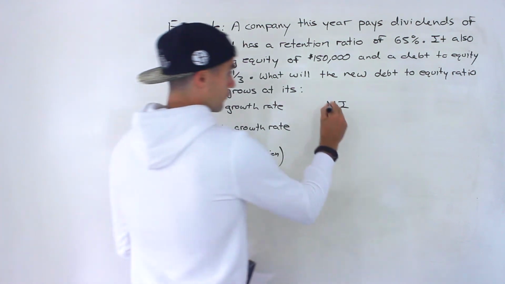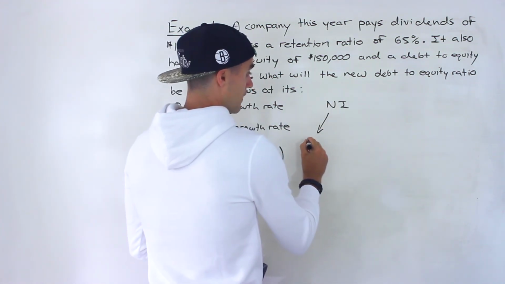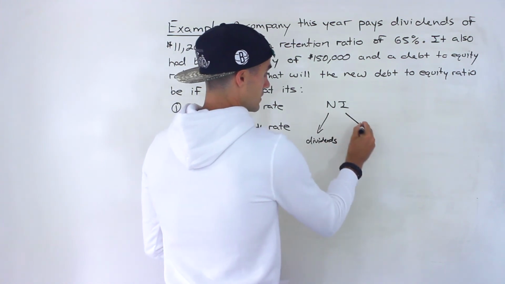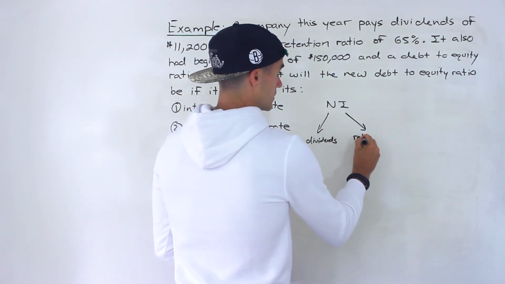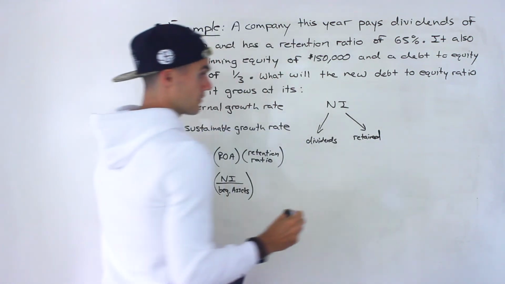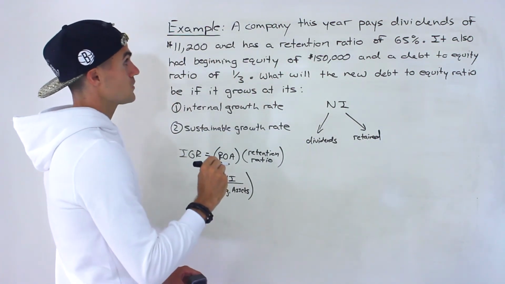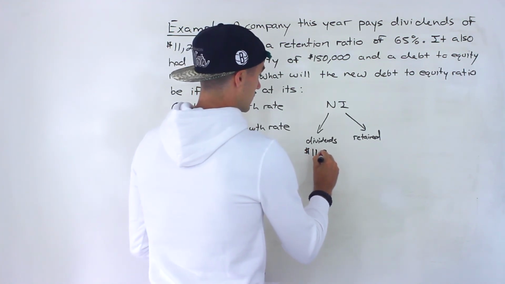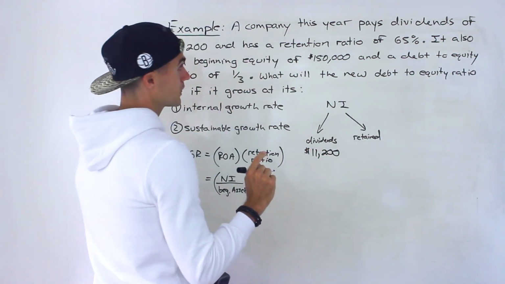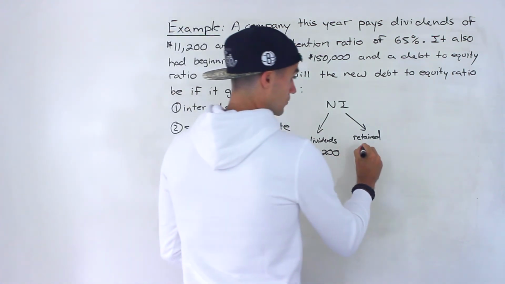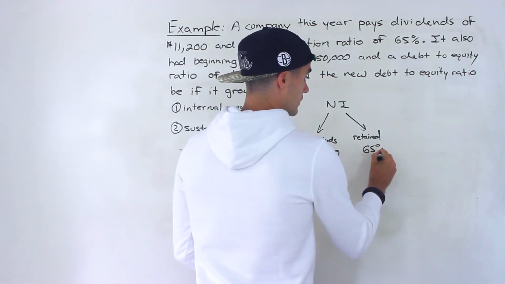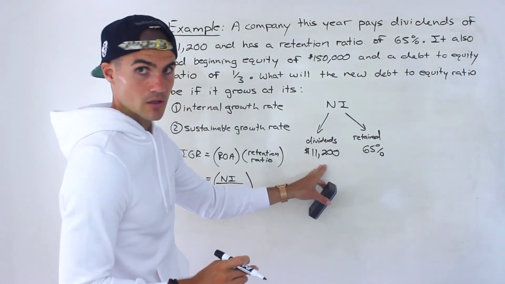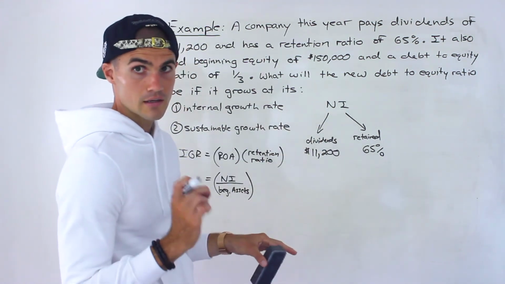So from net income, we know that there are dividends that are paid, and then there's an amount that's retained within the company. Notice we're given the amount of dividends, $11,200, and the retention ratio of 65%.